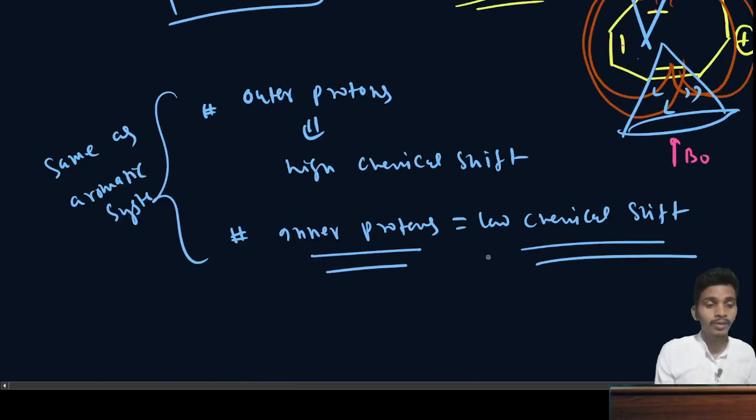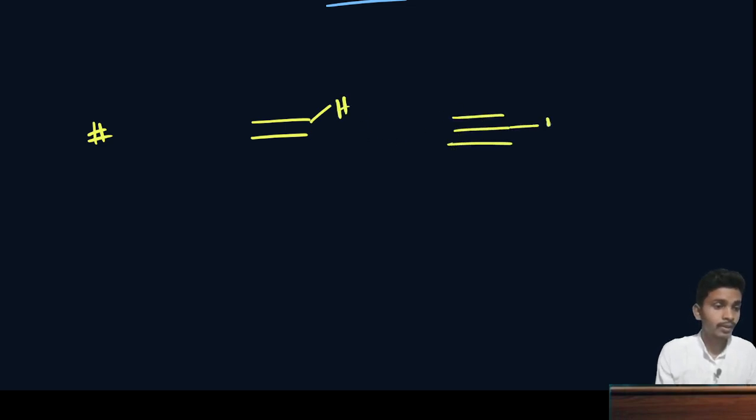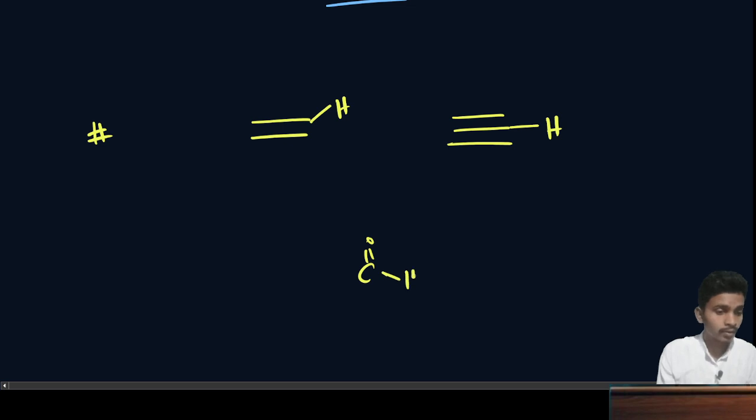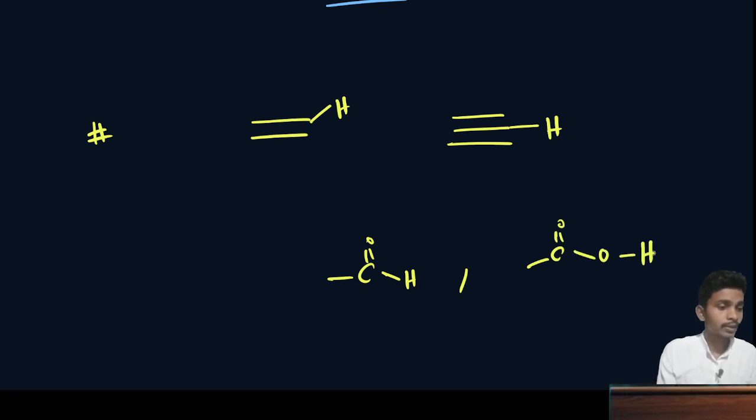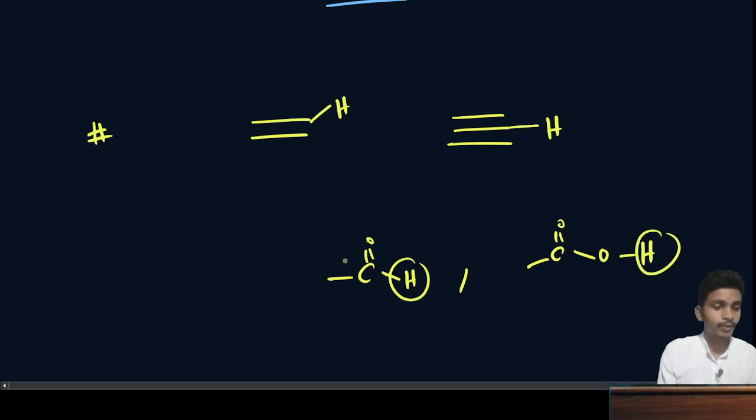Now we have also seen that this anisotropic effect is applied to alkene systems, and it is also applied to alkyne systems, and also to aldehyde systems. This anisotropic effect is also applied to acidic protons.